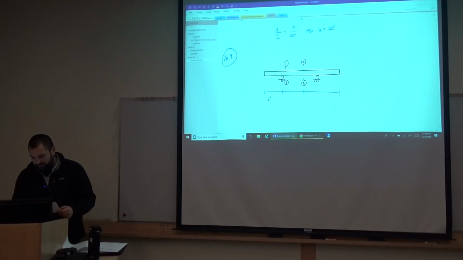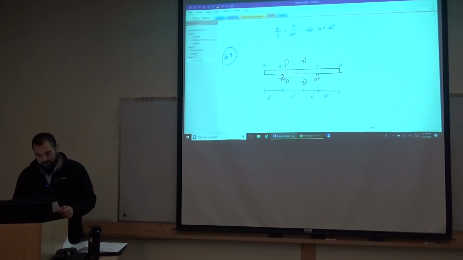We've got 6 feet, 10 feet, 6 feet, and 12 feet. And we have A, B, C, and D. And here it's asking us for the reaction at B, RBY. It's asking us for shear 1-1, and bending moment at 2-2.